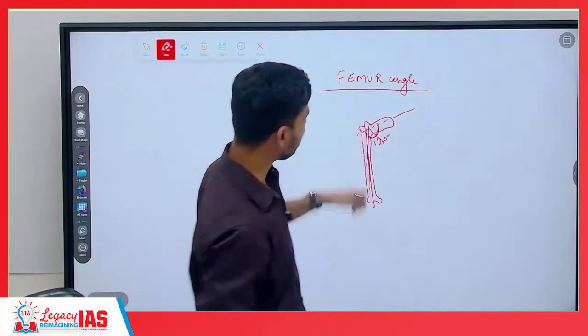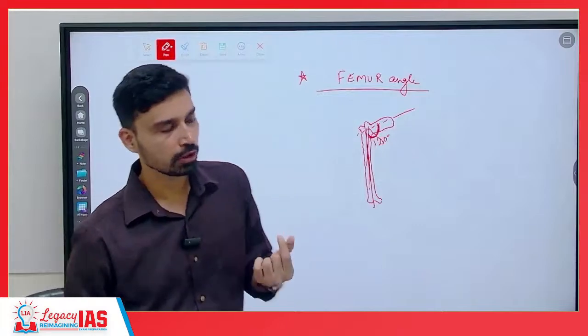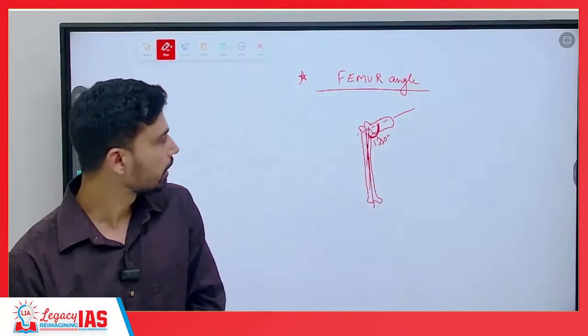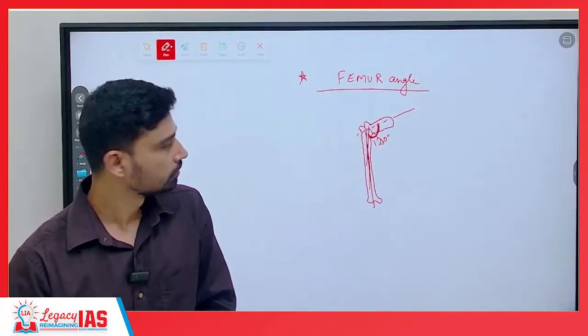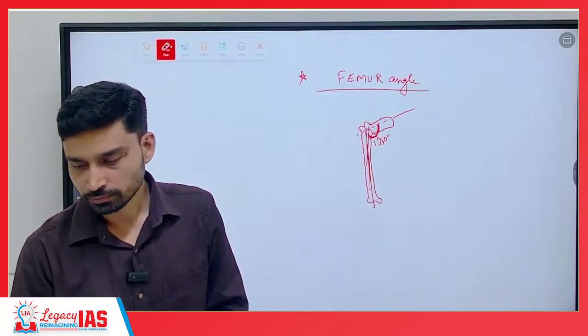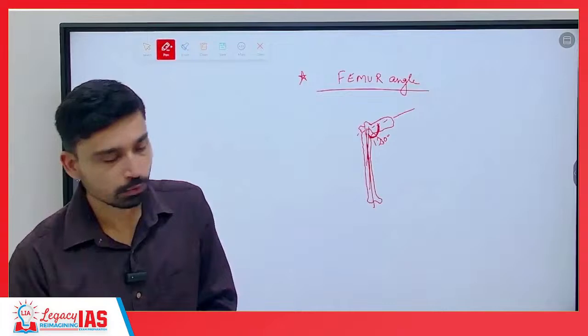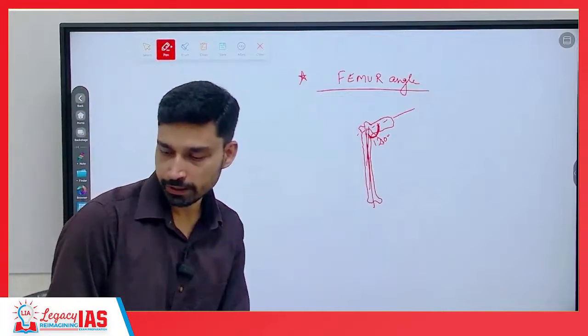That angle becomes 120 degree. In apes, it is much smaller. So for the femur angle, you can draw this diagram. The angle is about the attachment of the femur to the pelvic girdle. It's 120 degree.